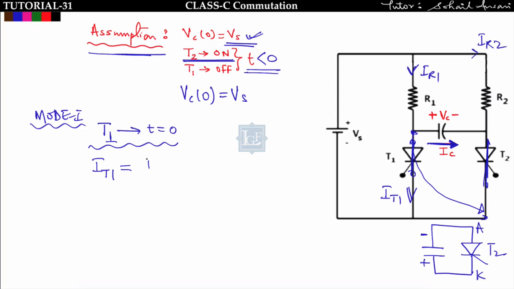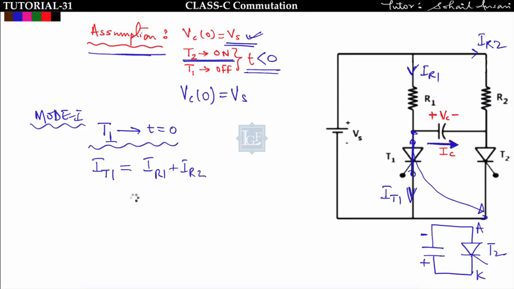IR1 will flow here like this, and IR2 will flow from here to here, because thyristor T2 will go into the off state. When T1 is on, T2 goes off, so IR2 will flow from R2, then the capacitor, and again to T1. So IT1 will be IR1 plus IR2, and we can see that IR2 is flowing opposite to the capacitor current.